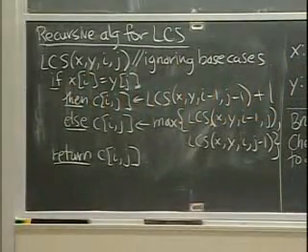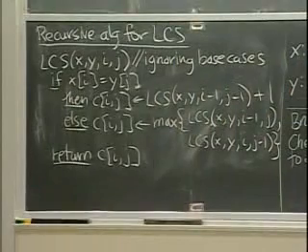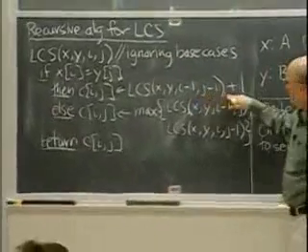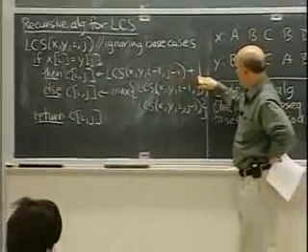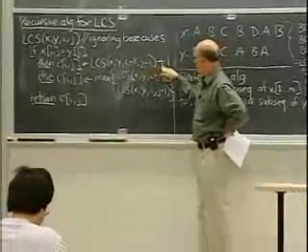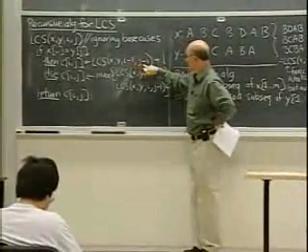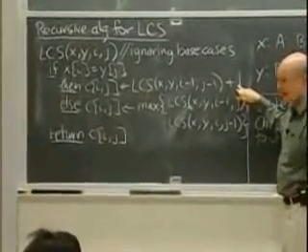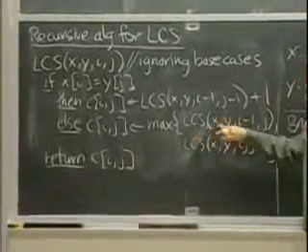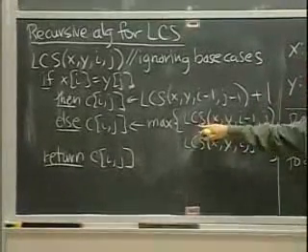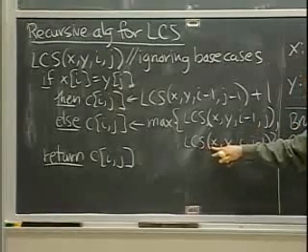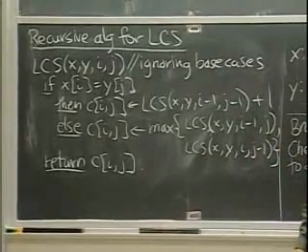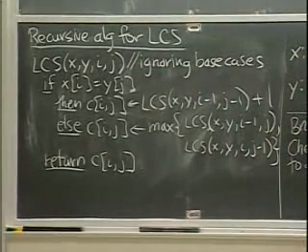It's basically just implementing this theorem. So if they match, it's the longest common subsequence of the prefixes where you drop that character from both strings, plus 1, because that's the matching one. Or you drop a character from X and take the longest common subsequence of that. Or you drop a character from Y, whichever of those is longer. That ends up being the longest common subsequence.